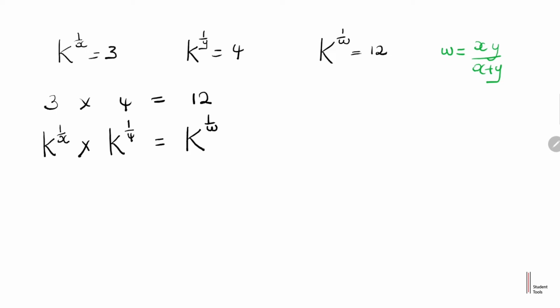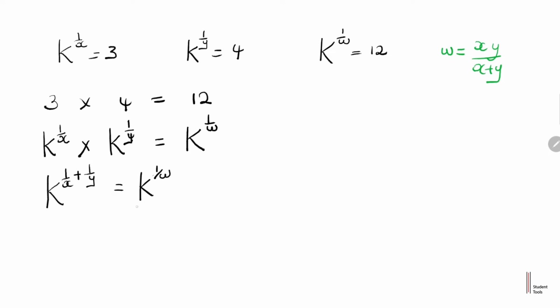Now since we are working with exponents, we have to add the indices. It means k to the power 1 over x plus 1 over y is equal to k to the power 1 over w.